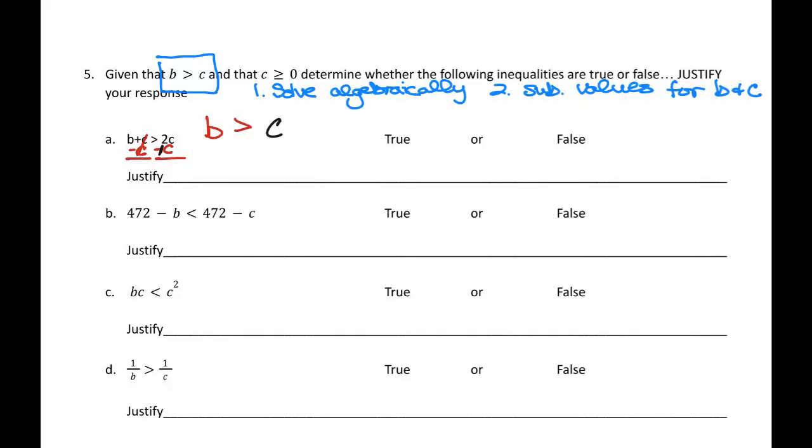She was saying 2C minus C totally removed the C's. So B is greater than C is what you have left over, and that is what you are given.